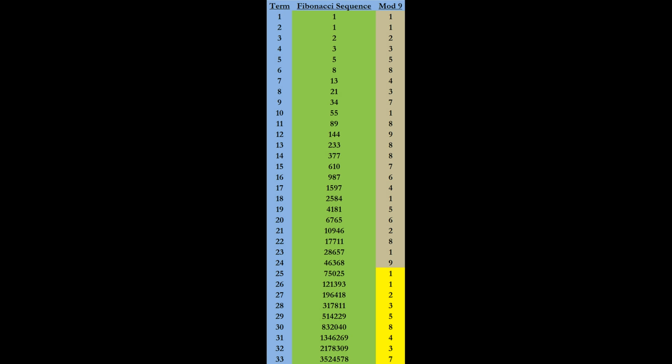So now in looking at this very important integer sequence, the Fibonacci sequence, through the mod 9 lens, what I discovered was that there is a 24-digit repeating sequence mod 9. We'd seen a 6-digit repeating sequence in cellular mitosis, but here in Fibonacci, the length of the repeating sequence is 24.